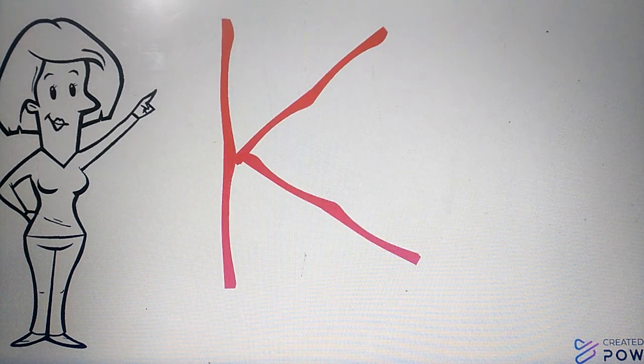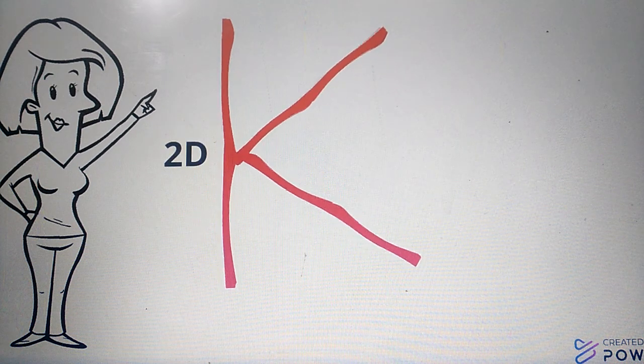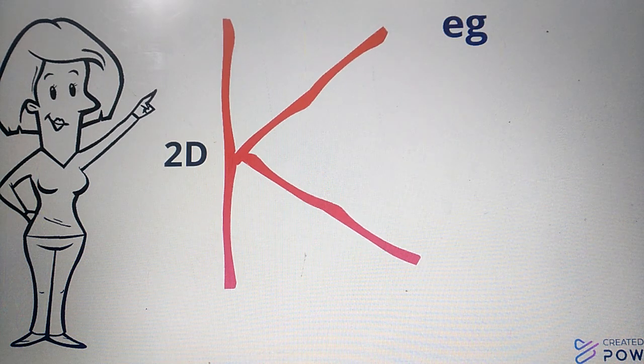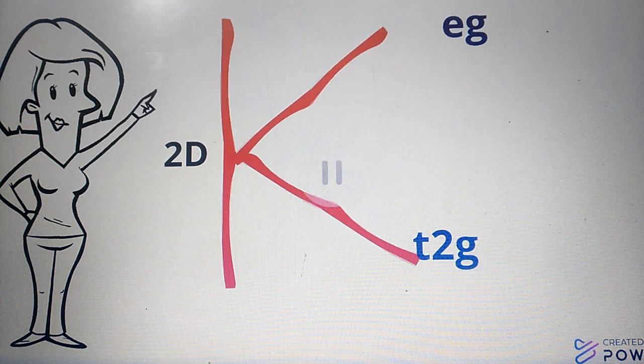Now how can we represent this through the Orgel diagram? This is the graphical representation. In the graphical representation, this is 2D, which represents the term symbol with spin multiplicity. In the center, we write this term symbol for the free metal ion. This vertical axis represents energy.